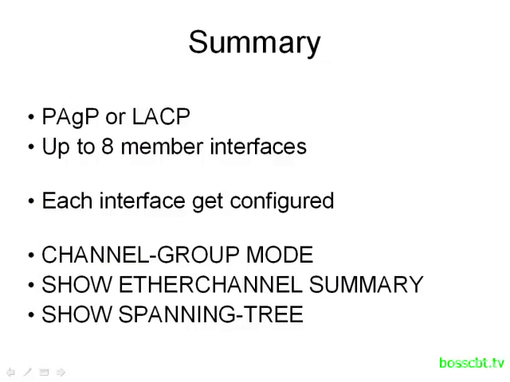Alright, well let's summarize what we covered. If we're going to create an EtherChannel, we can either use PAgP or the IEEE method, but you can't use them both together. So both sides have to use the same method. And we know we can put a total of 8 member interfaces into an EtherChannel, and we have to configure each interface, and they all get configured exactly the same.